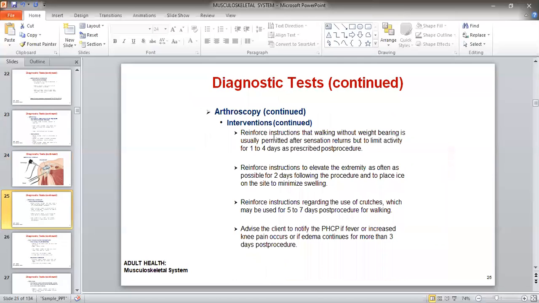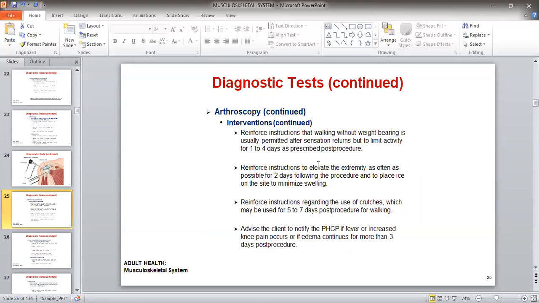So reinforce the instruction that walking without weight bearing is usually permitted after sensation returns, but to limit the activities, right? So when the patient has sensation in the joint, limited movement is okay, but not too much. Also instruct the patient to elevate the extremities, right?